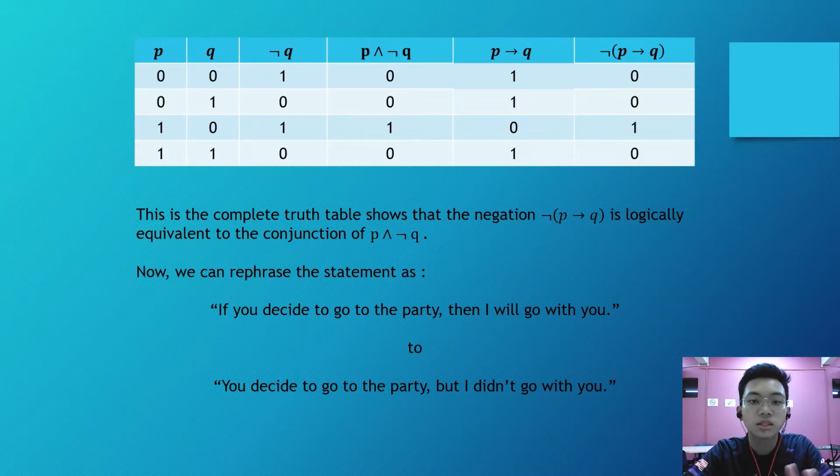This complete truth table shows that the negation of P implies Q is logically equivalent to the conjunction of P and not Q. So now we can rephrase the statement from if you decide to go to the party, then I will go with you, to you decide to go to the party, but I didn't go with you. So now we have rephrased the statement.